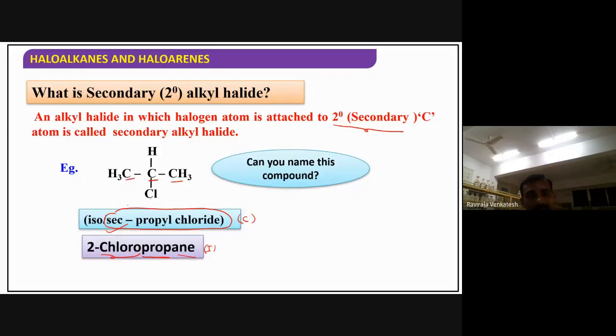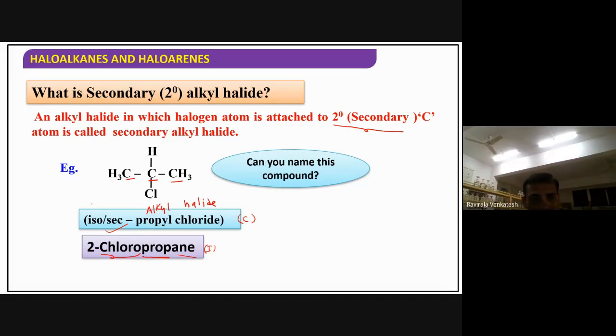So you have to call it secondary propyl chloride, because it is a common name. First I have to call alkyl, then halide. Alkyl halide, isn't it? Propyl chloride.